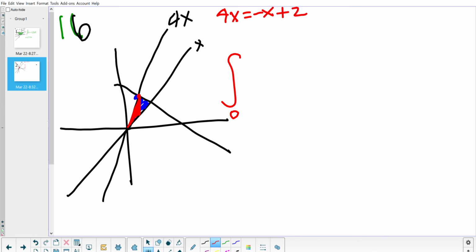If I add an x, it becomes 5x equals 2, so x equals 2/5. Oh yikes, 2/5.